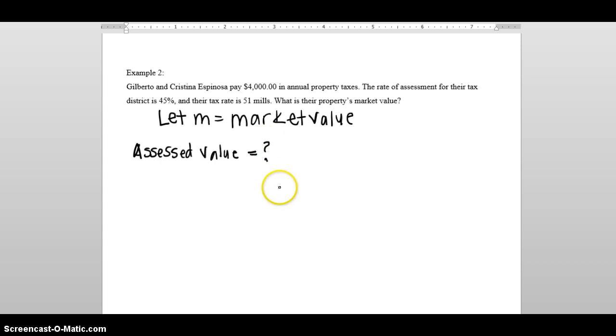However, to find the assessed value, we took our market value times our rate of assessment. So in this case, our assessed value is going to be M, our market value, times our rate of assessment, 0.45. So we're going to leave this as 0.45 M for right now.